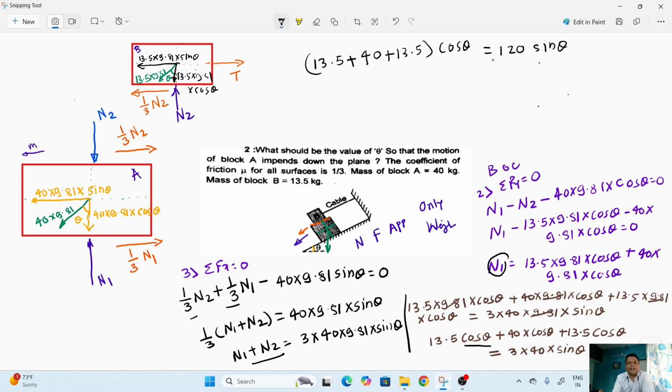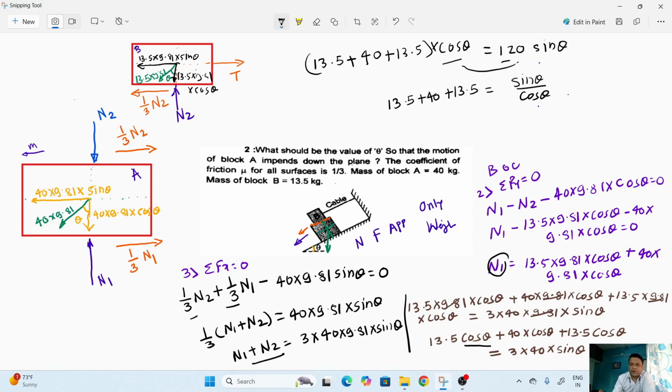Now to get the value of theta, we should find either tan theta or cot theta. So for that, we take this term cos theta here. This cos theta is multiplied here, so when it goes to the other side, it should divide the other side. So we can write 13.5 plus 40 plus 13.5 is equal to sine theta divided by cos theta.